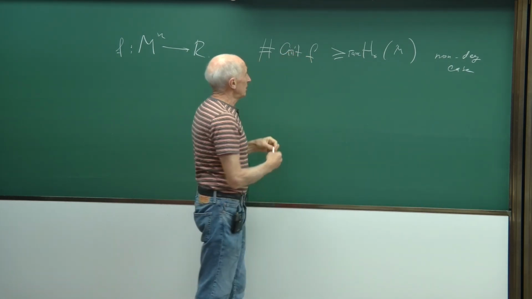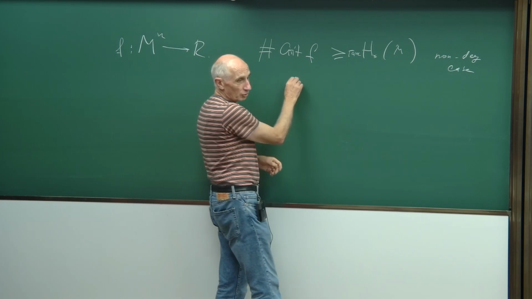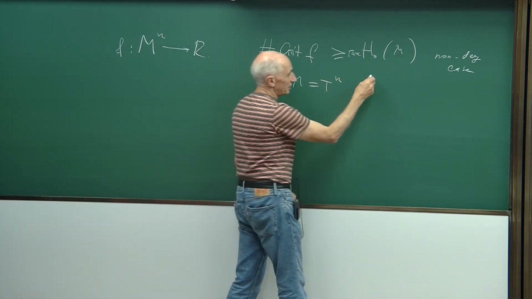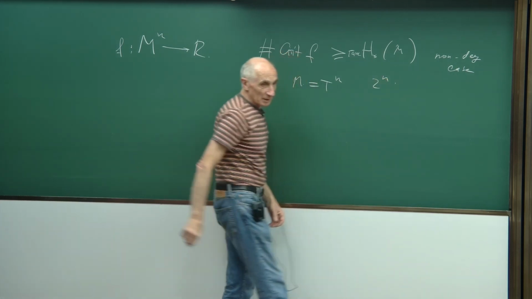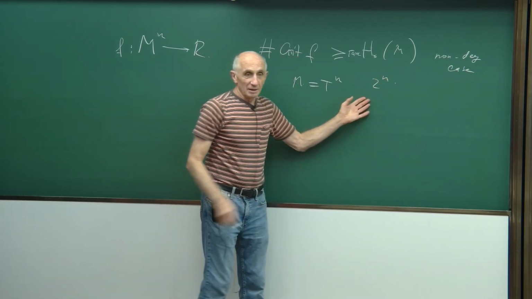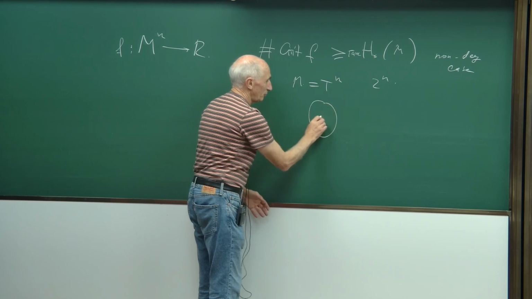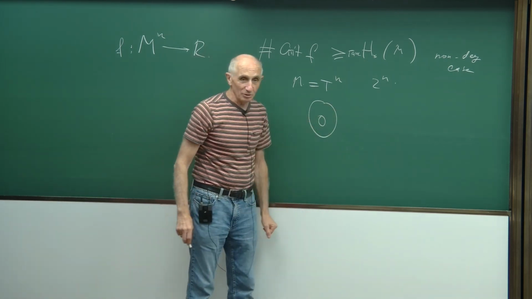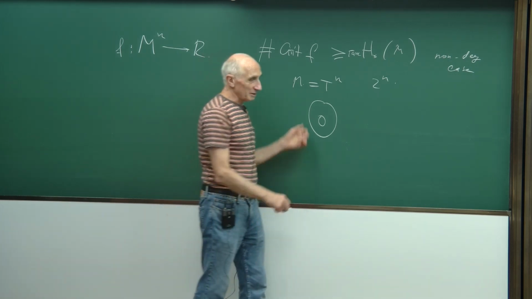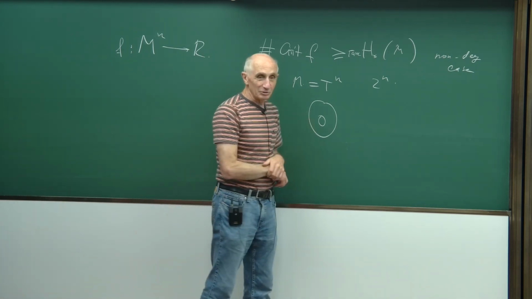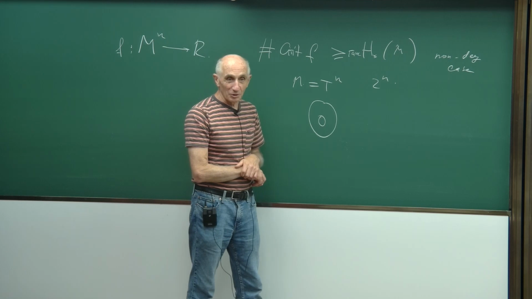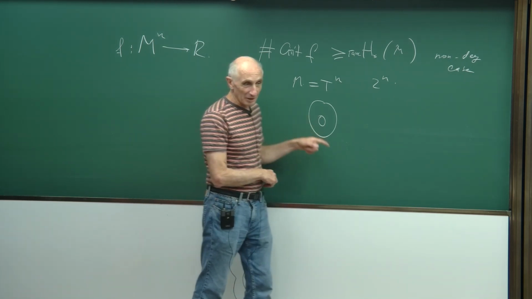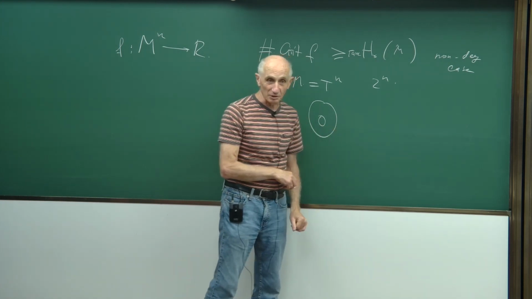For instance, if M is a torus, M is T^n, then you get 2 to the n here. On the other hand, if you have, say, the 2-torus, we get 4, but in principle, if you do not care about non-degeneracy, you can put 2 of these critical points on the same level and find a function with 3 critical points.